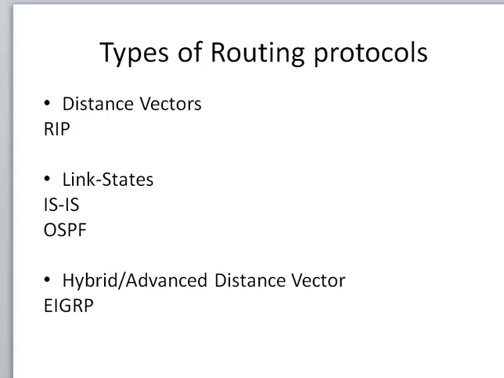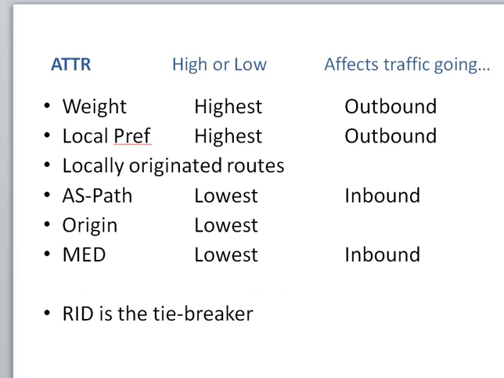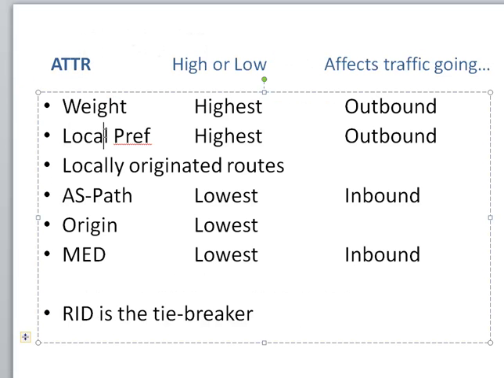And generally, let me go back to attributes. So here's my weight, local preference, locally originated routes, which is part of the deciding factors on which is the best route to go into the routing table, but I haven't really seen it used too much in the real world. AS path, origin, metric.